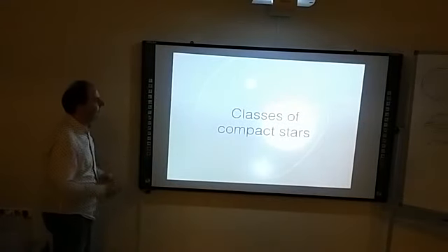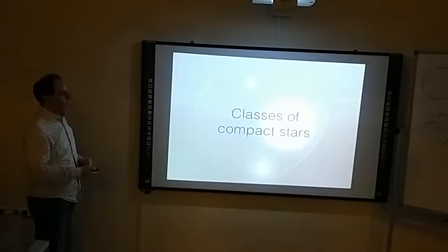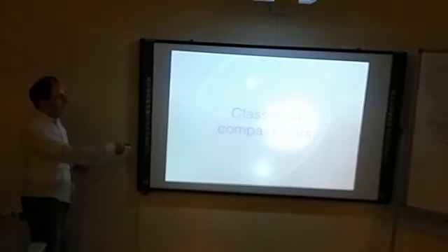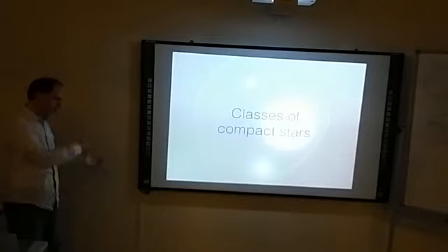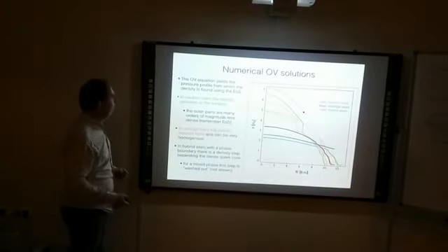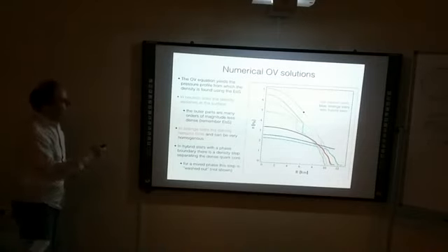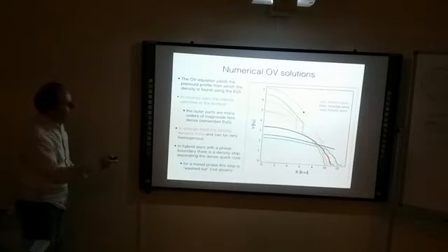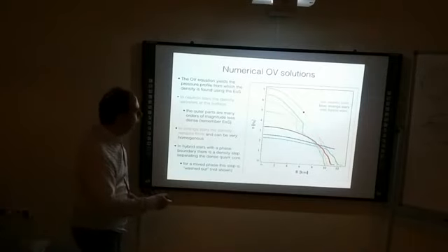We already heard they could consist of various different forms of matter, but as far as their mass and radius is concerned, there are just a few different classes here. We already discussed them basically 2 weeks ago, so let's dive into this. As I said, one has to solve these Oppenheimer-Volkoff equations numerically, and then what you get is basically a radial profile.